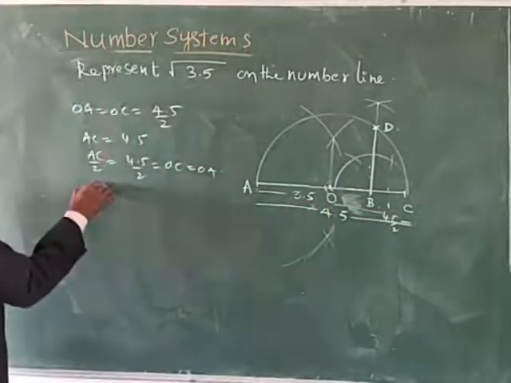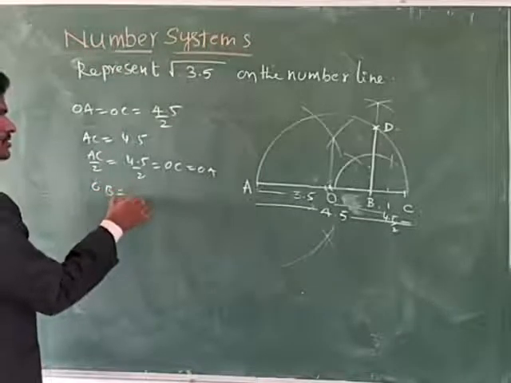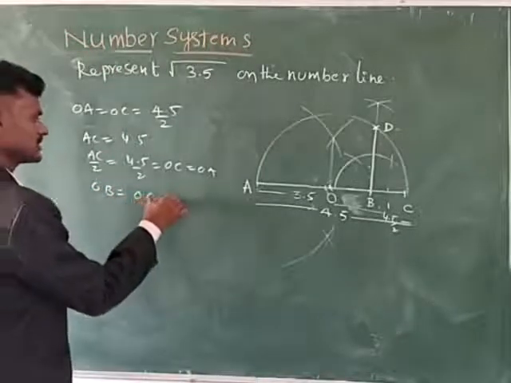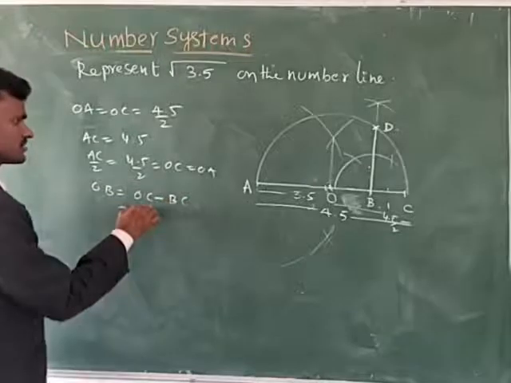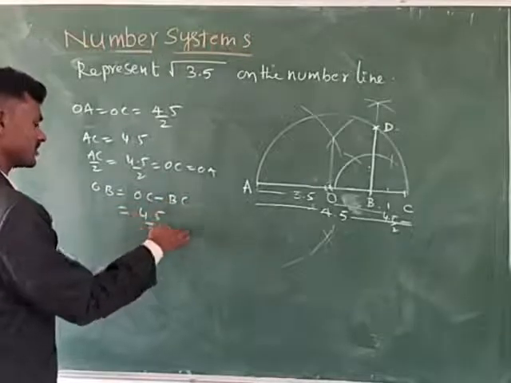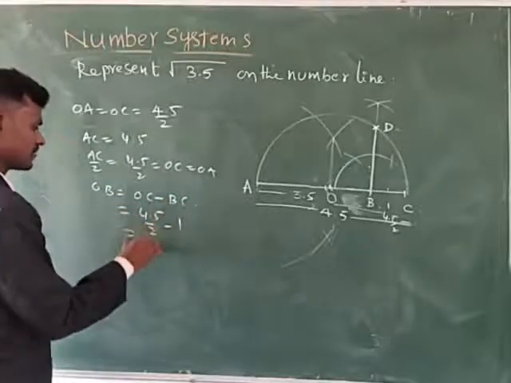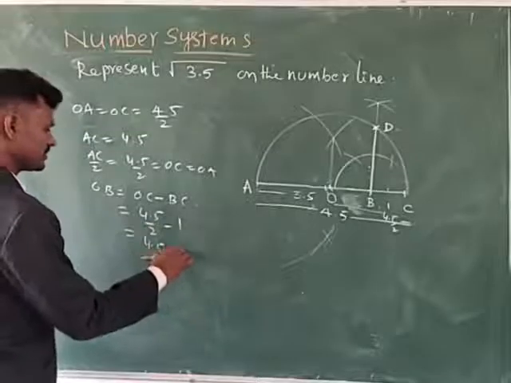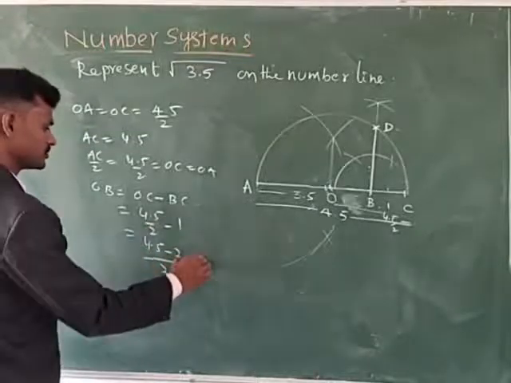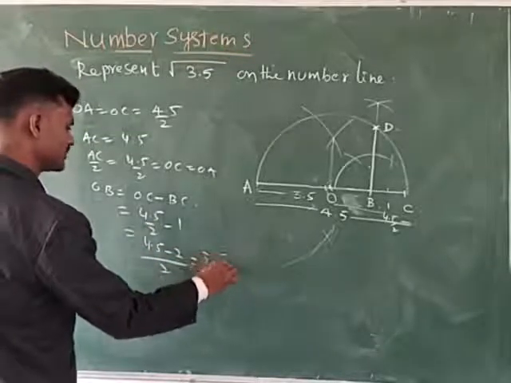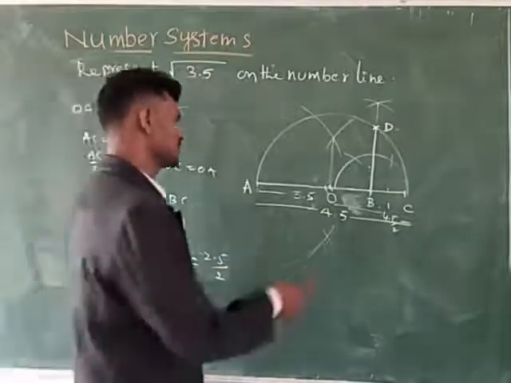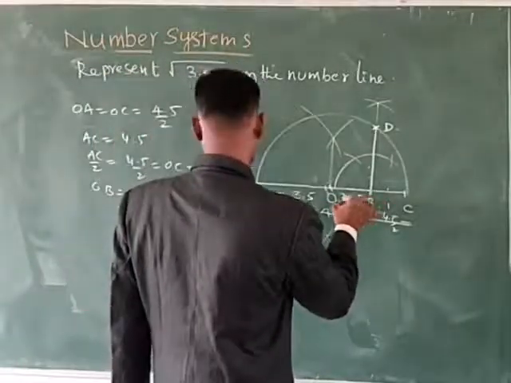OB is equal to OC minus BC. Here OC is equal to 4.5 by 2, minus BC, which is 1 unit. Now 4.5 by 2 minus 2 by 2 is equal to 2.5 by 2. This is 2.5 by 2.